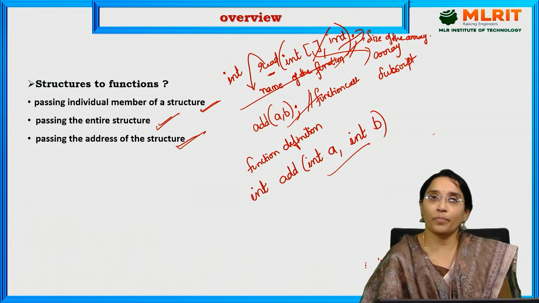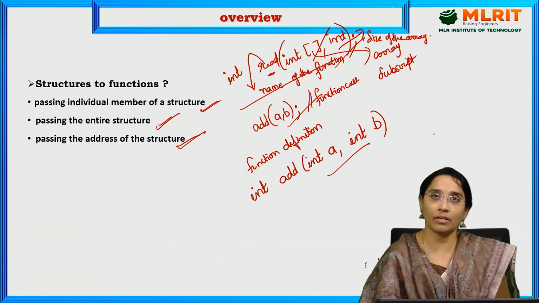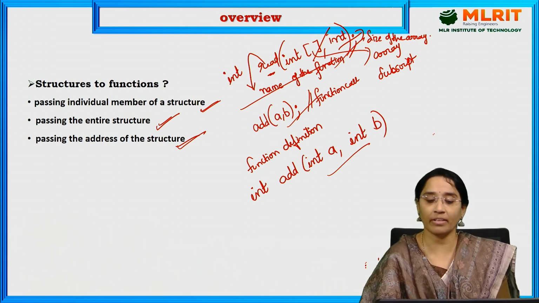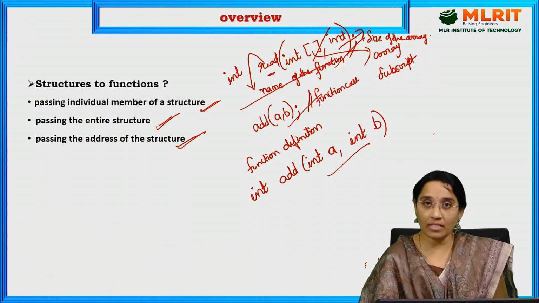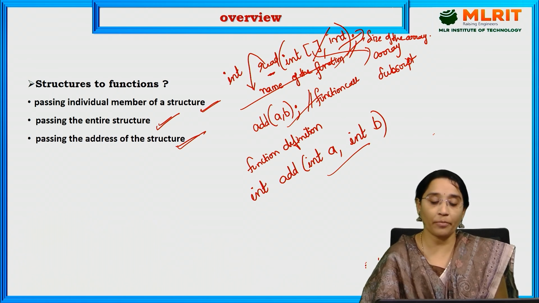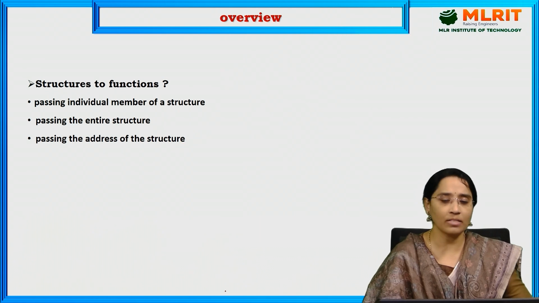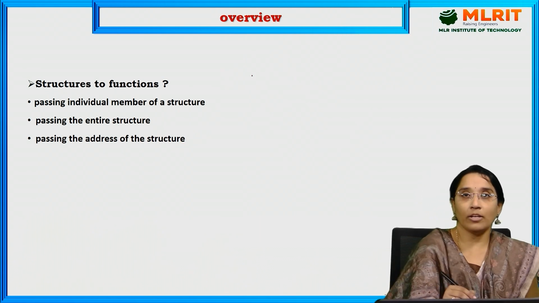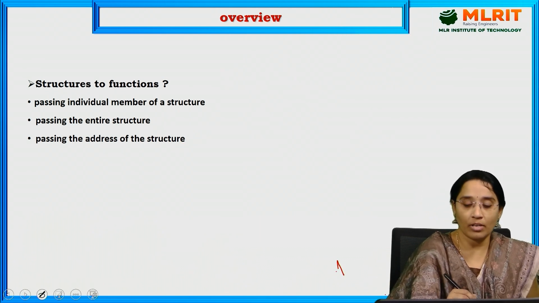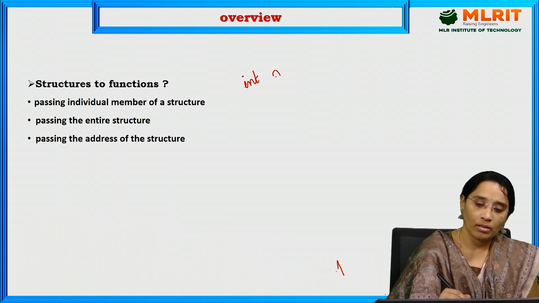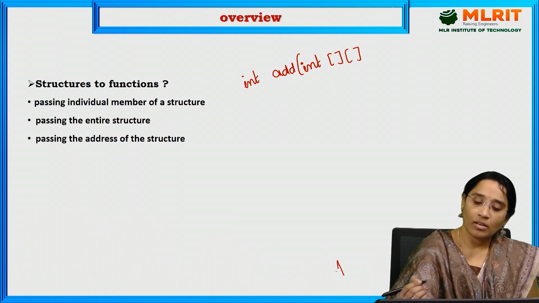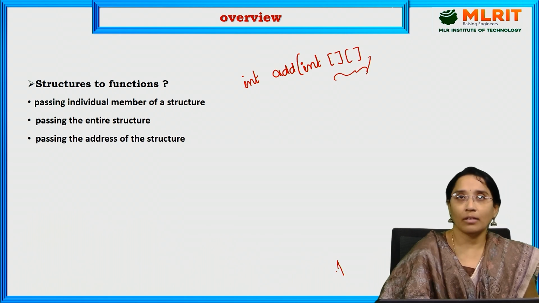If you want to pass normal variables as parameters, you just write the data types. But if you want to pass an array as an argument, you pass the subscript. Suppose you want to pass a 2D array, for addition of two matrices using functions, how will you do it? int add(int, int).